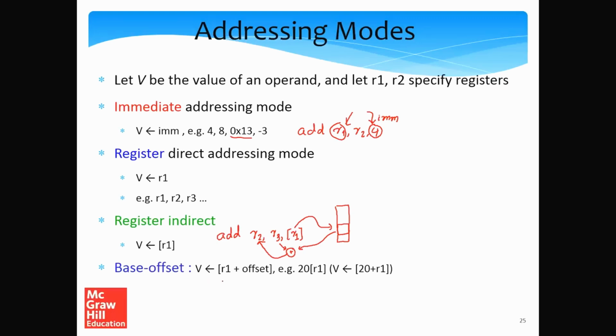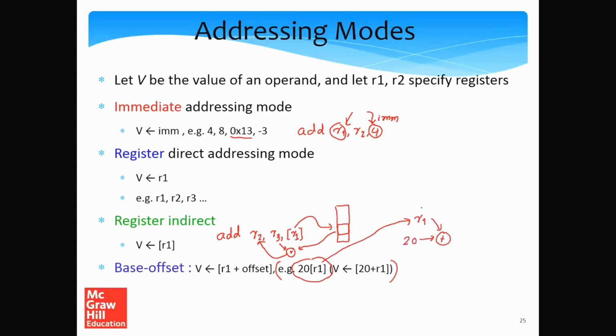In this case, the actual value that is being used by the program is based on R1. Let's consider an example and then explain the theory part of it. Consider this operand over here, which is using the base offset addressing mode. What this basically says is that we take the contents of R1, and then we add it with the constant here, 20.